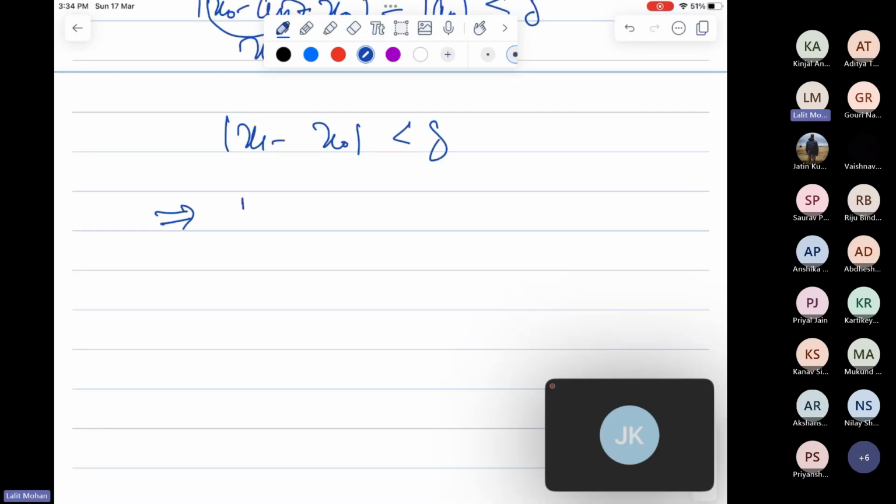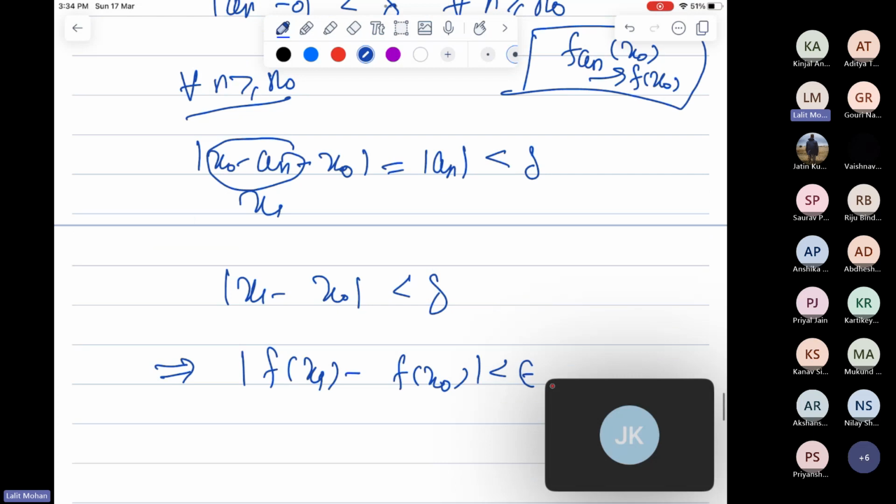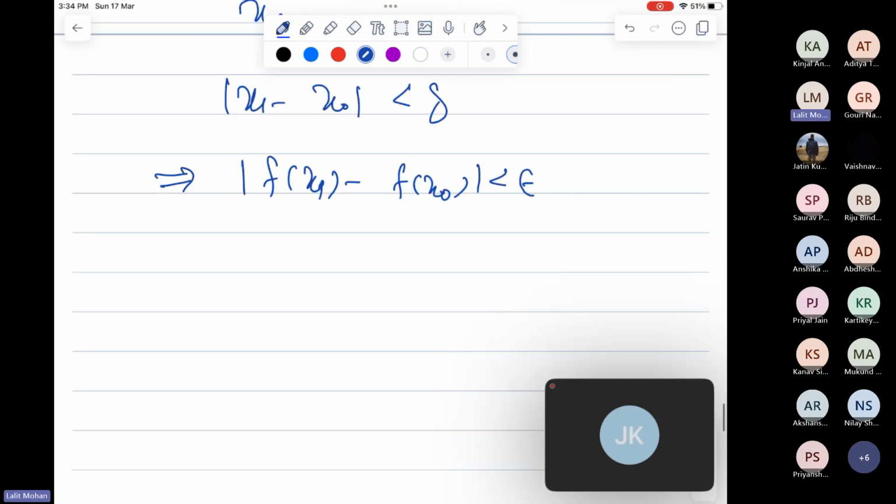So from here, can I say that |f(x_1) - f(x_0)| is less than epsilon, where x_1 is x_0 minus a_n? Is this true or not? Does anyone have any doubt in this step?